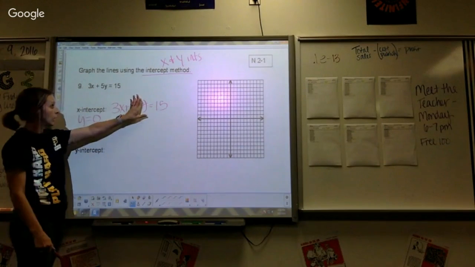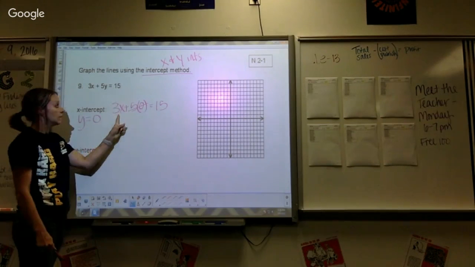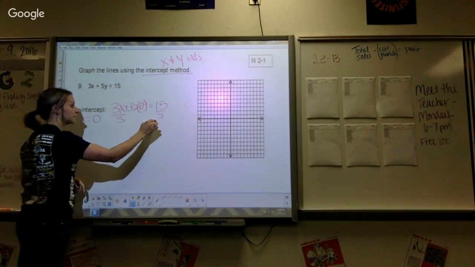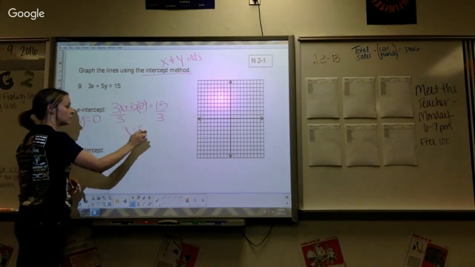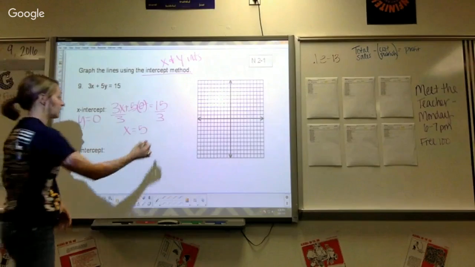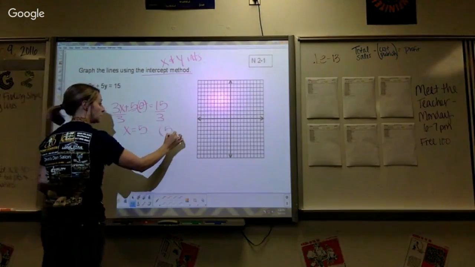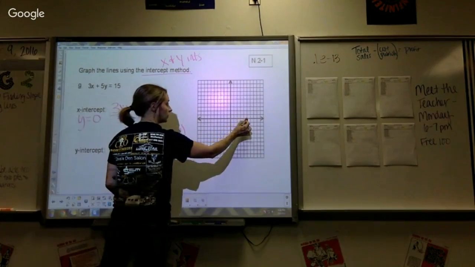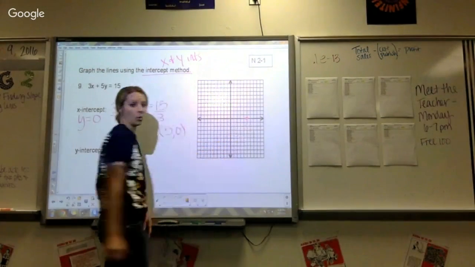So basically, you can cover up your y, and then you would be solving for x. So you would divide by 3. So x would equal 5, and you have your x-intercept. You can write that as an ordered pair. We know x is 5, y is 0. And there's one of our points.